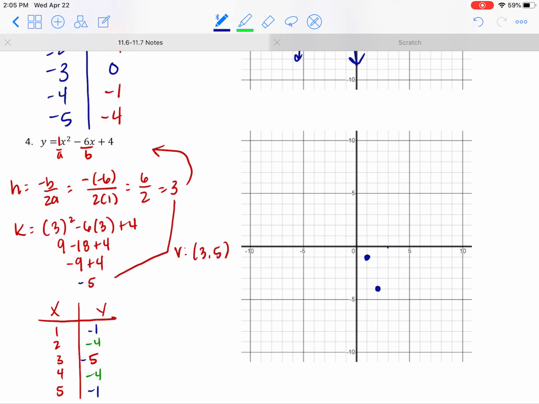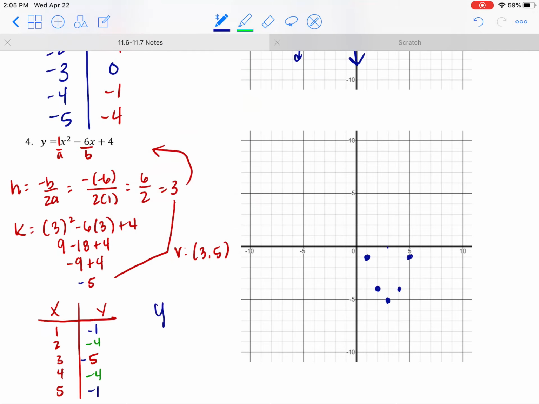If I go to 3 and then positive 5, that's not lining up with what I was doing, so I knew I made a mistake, and you guys are probably screaming at me from the other side of the screen, but negative 9 plus 4 is a negative 5, so that should have been a negative 5 there. If I go to 3, I need to go down to negative 5, the vertex, and then I'm going to bounce back up to negative 4, and then bounce back up to negative 1.